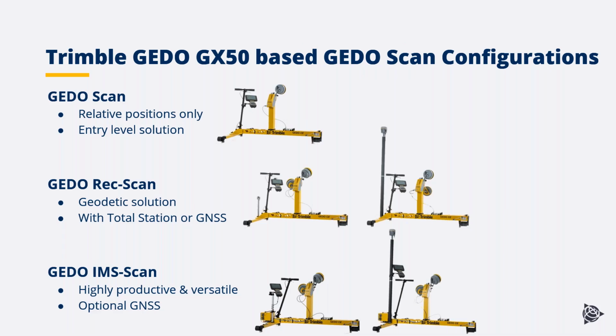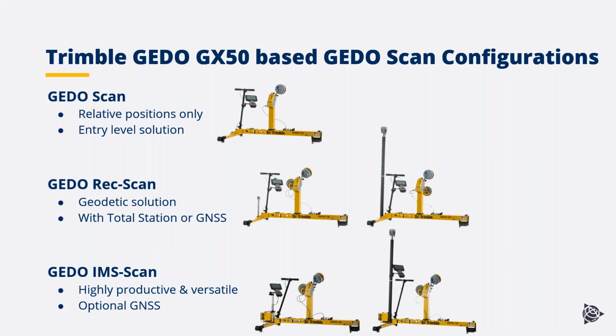So this is an overview of how you can use the GEDO scan system. These are different configurations for different purposes. The starting point is the pure GEDO scan solution without adding a geodetic sensor. You can get relative positions in that configuration.